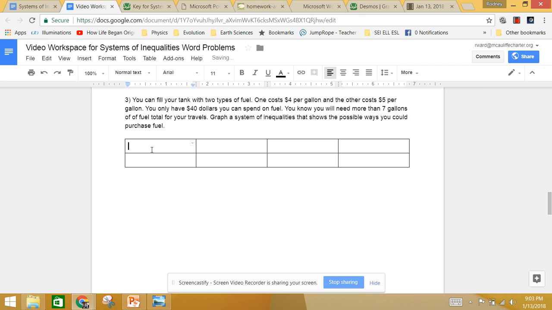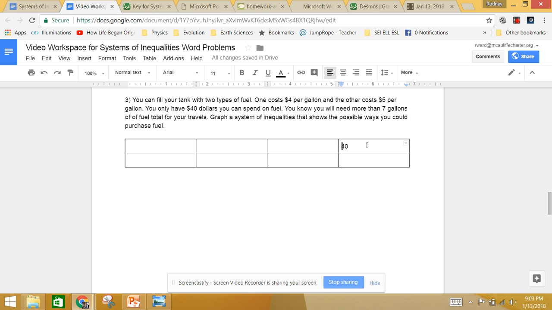Okay, and I will start off with thinking about what my inequalities are relating to. So I know that I only have $40 I can spend on fuel. So I can spend up to $40, but I can't spend more. I could spend 40.